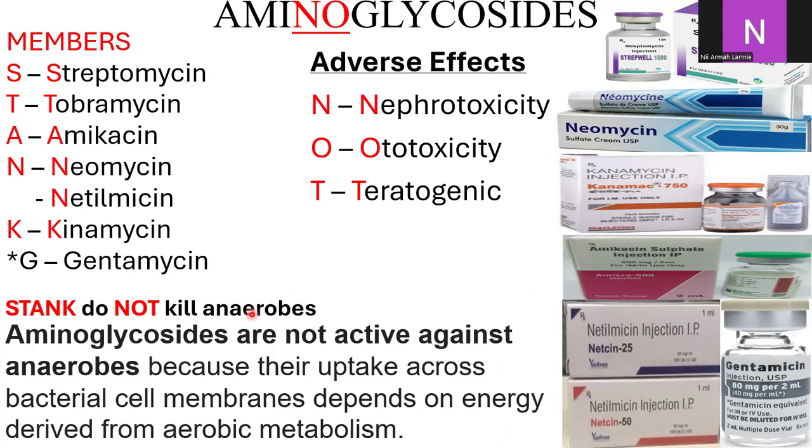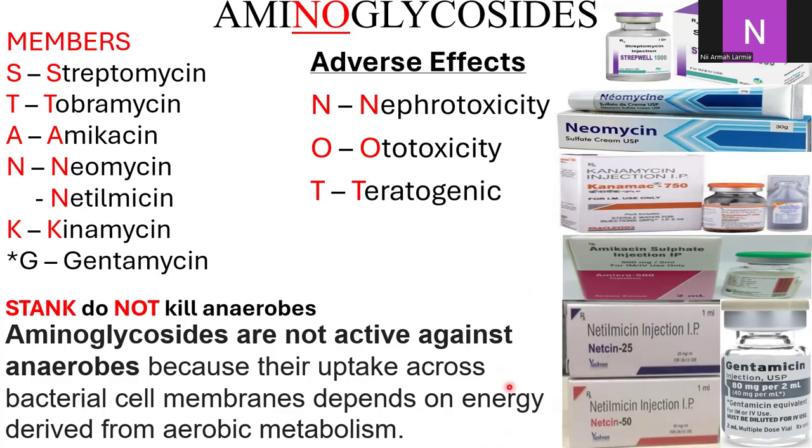And this is so because these organisms do not require oxygen to survive and proliferate and to grow, whereas aminoglycosides require oxygen so that it can have its activity. There must be an uptake of oxygen to help the aminoglycoside enter into the bacteria.